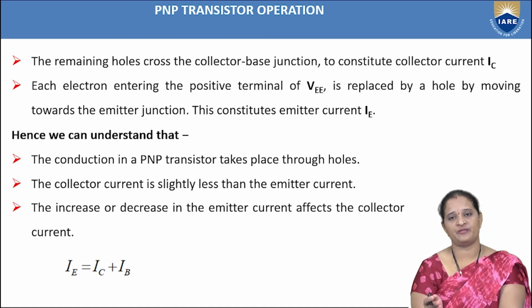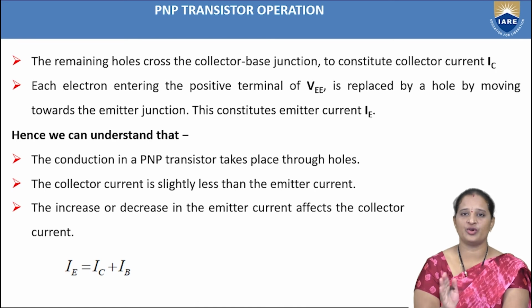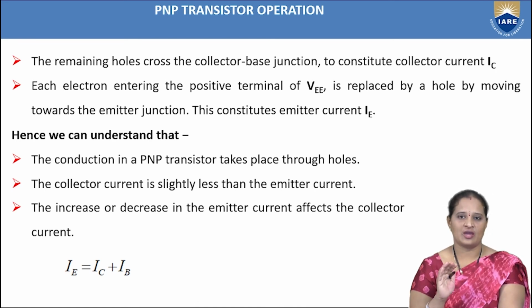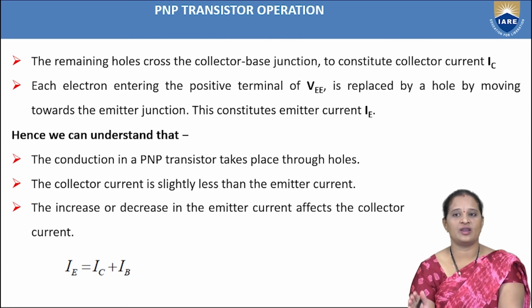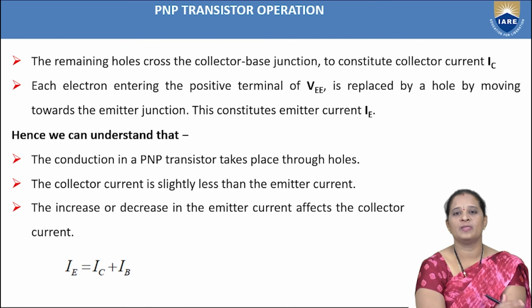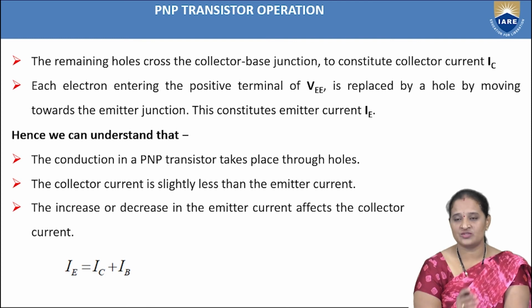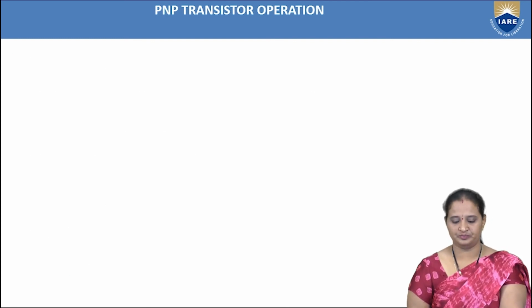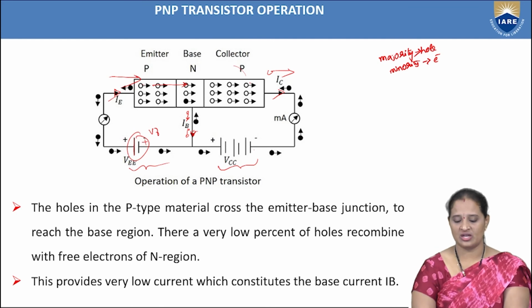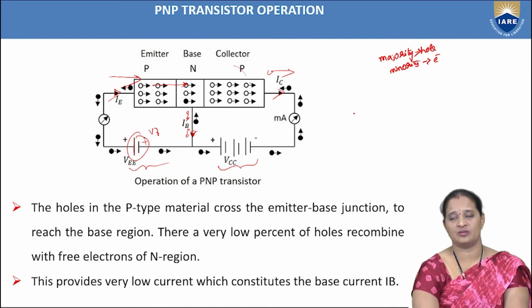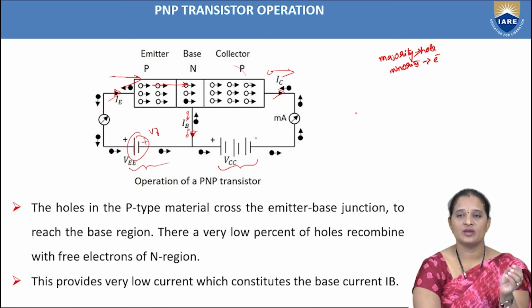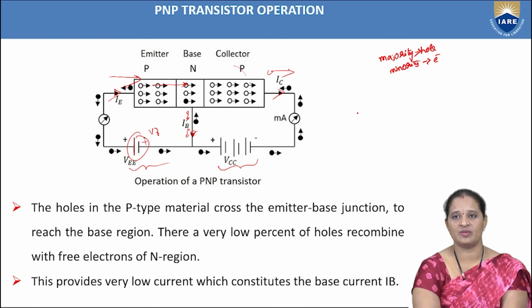In both types of transistor, there is some current flowing due to both majority and minority charge carriers. The increase or decrease in the emitter current will always affect the collector current. As we have all seen the direction of conventional current, if you apply KCL here, what does KCL stand for? Kirchhoff's current law. What is the statement of that?